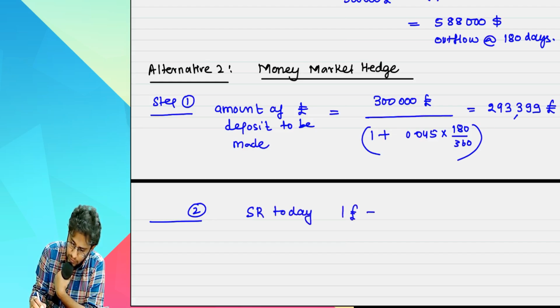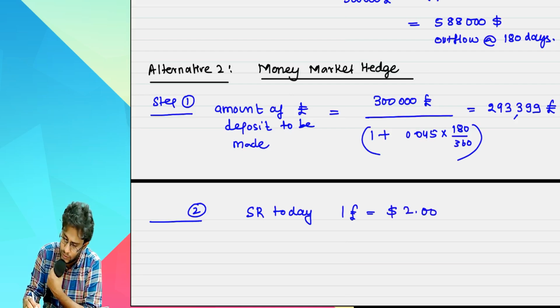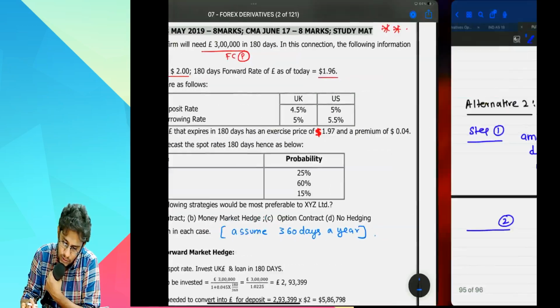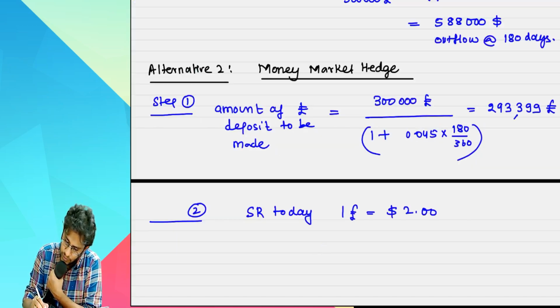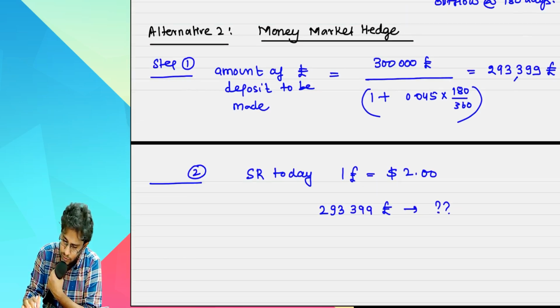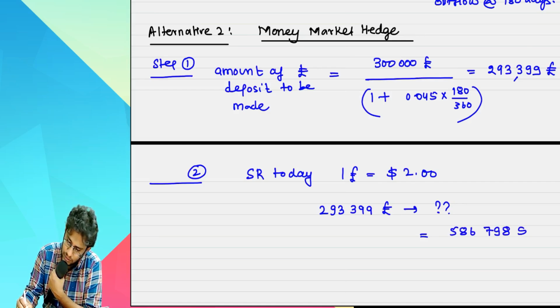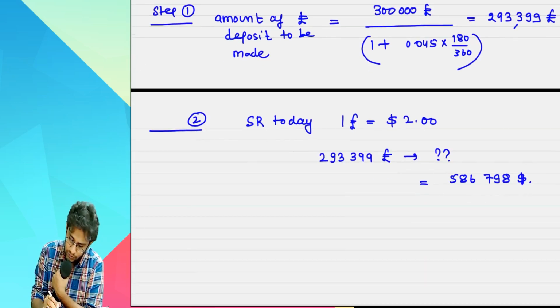Spot rate today 1 pound is equal to how many dollars? 2. So if I have to buy 399 pounds, it will cost me how many dollars today? Double it. It's $6,798. This much amount of dollars you need.